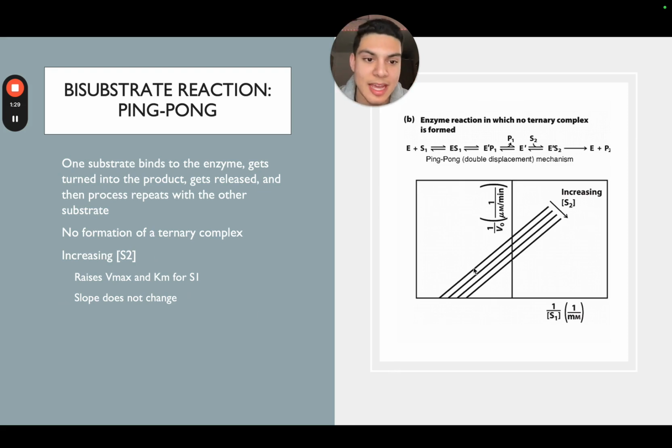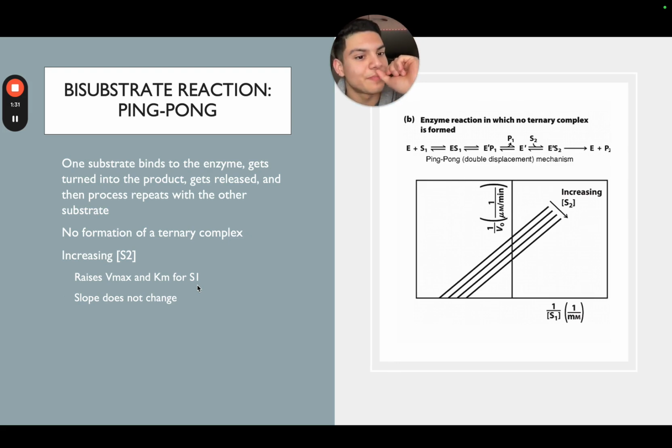And then in terms of Km, it raises. There's a reason why, when we add more S2 and increase that concentration, it increases the Km for S1. Remember, Km has to do with the number of occupied sites divided by the number of total sites in general. Again, this is related to theta from the beginning of the lectures.